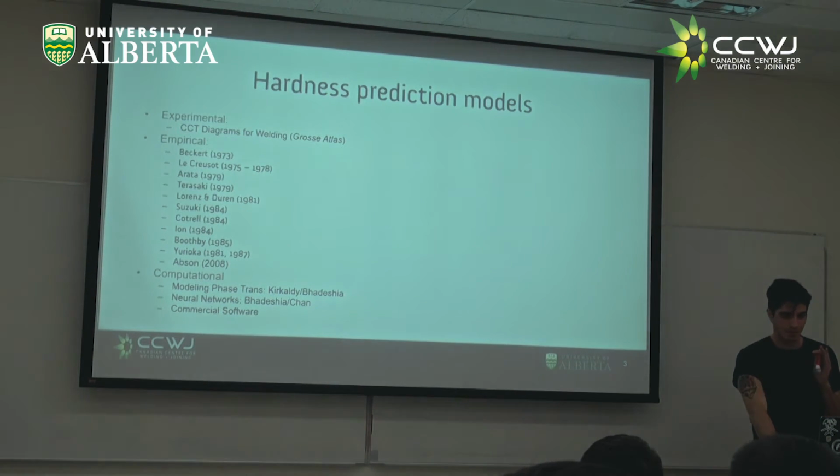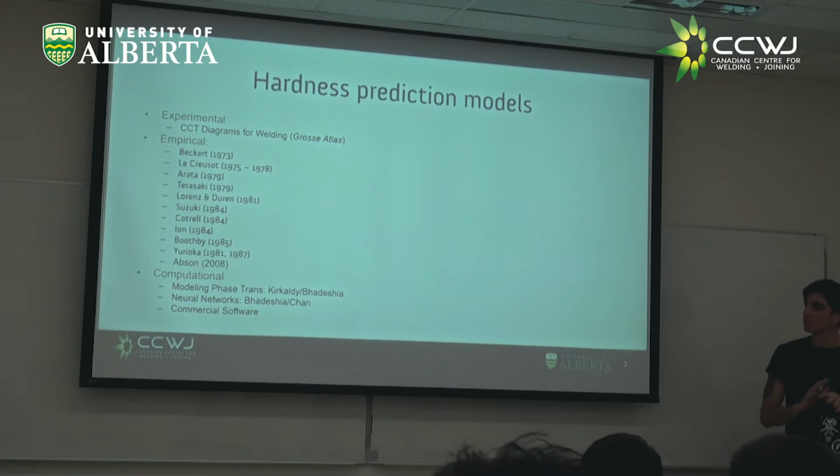So what we're going to do now is choose only one of these models. I'm going to choose the most basic and easiest example that I can think of, and we're going to do the calculations, so you get used to how these models work. We're going to choose the Yurioka model.